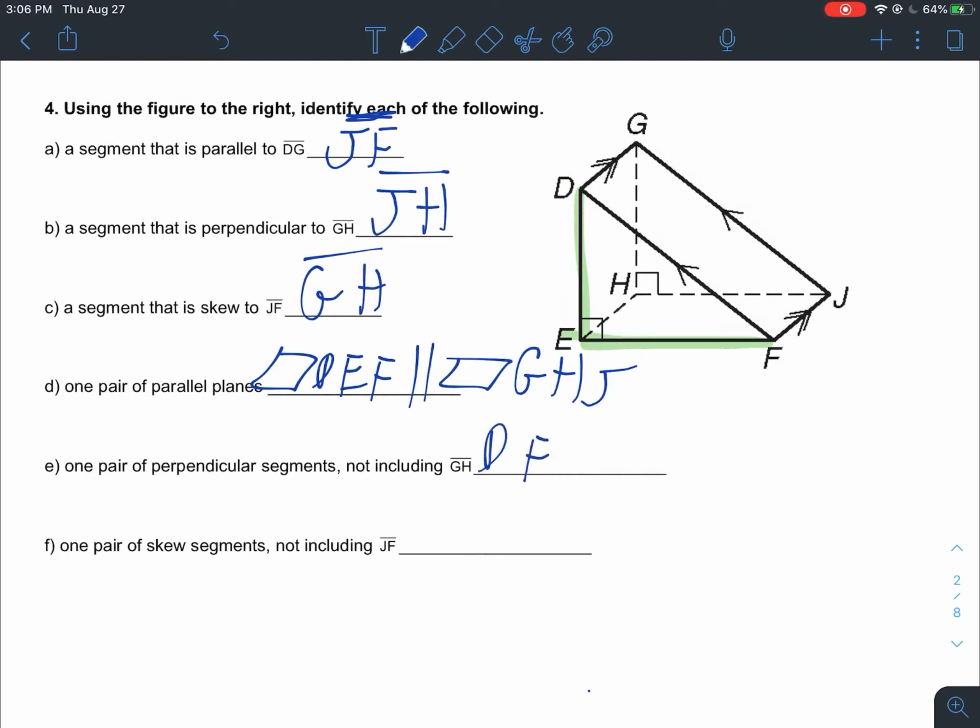So we say DE is perpendicular to EF. And one pair of skew segments. A lot of answers here would work. So just pick any one segment. How about DF? And find a segment that's not intersecting it, but also not going to be parallel to it. How about HE? Those two would be skew.